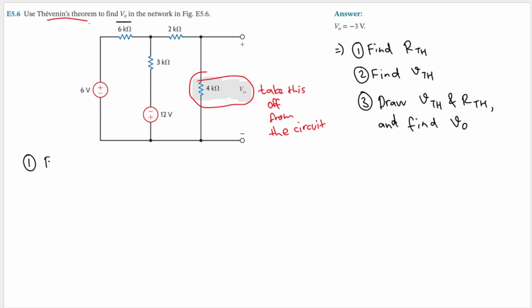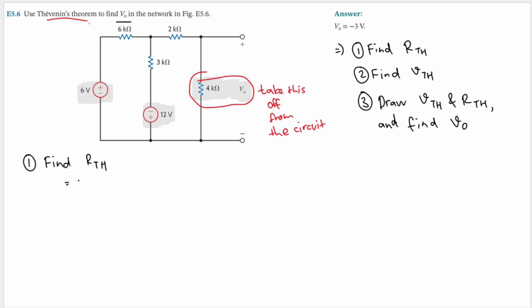Okay, now let's do the first step, which is find the Thevenin resistance. Find RTH. We need to take off this 4 kilo ohm resistor, so we already took it off. And then we also need to replace the sources. We have a voltage source here and also a current source.